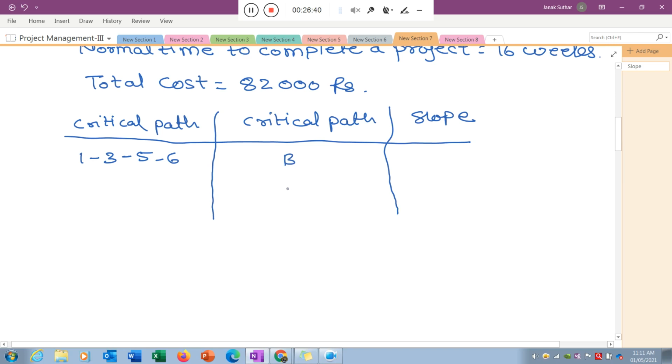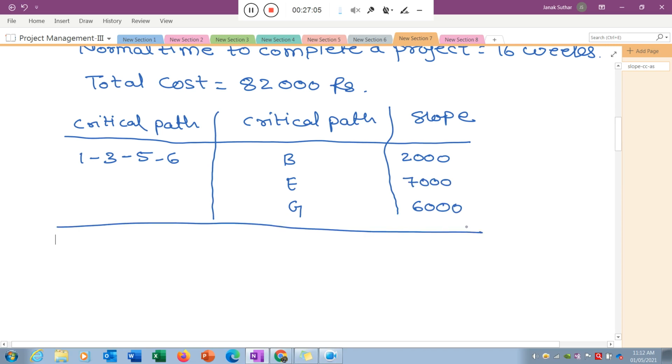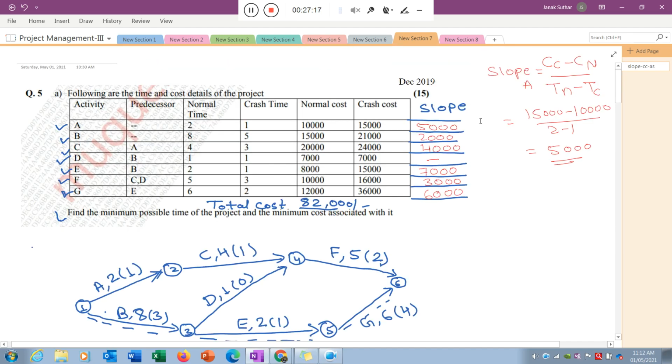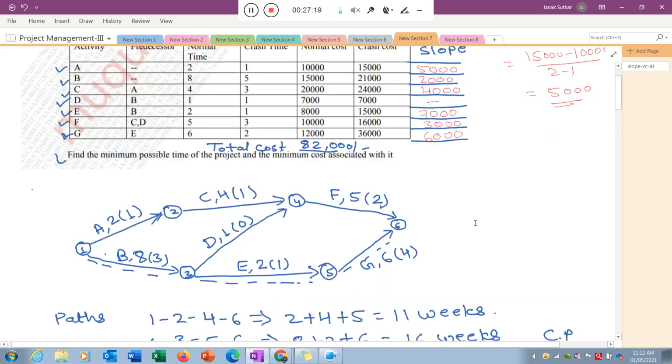That is B, E and G. With the respective slopes, which we already calculated, I just put here the values: 2000 for activity B, 7000 for activity E, and 6000 for activity G. Only one critical path is available, that's why we reduce that particular critical path only. I just show you here, we already calculated the slope for each activity.